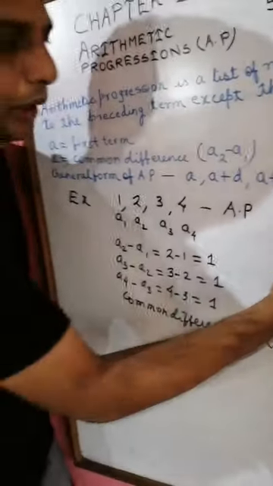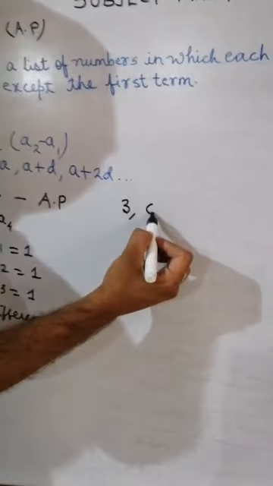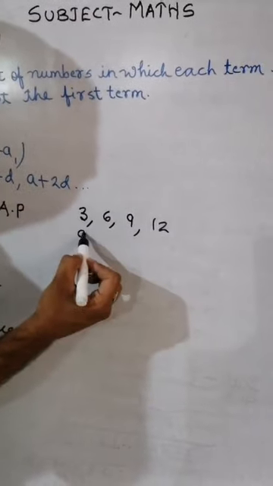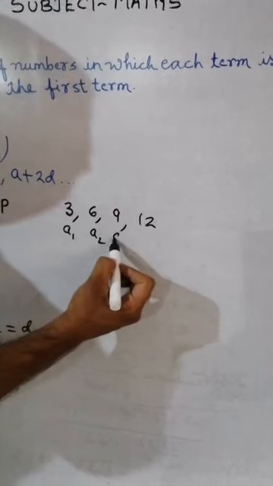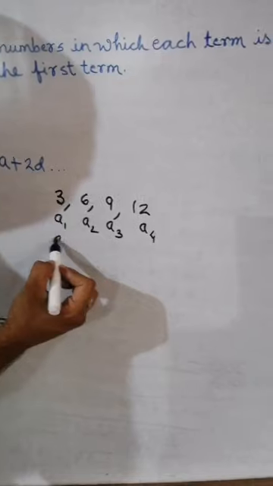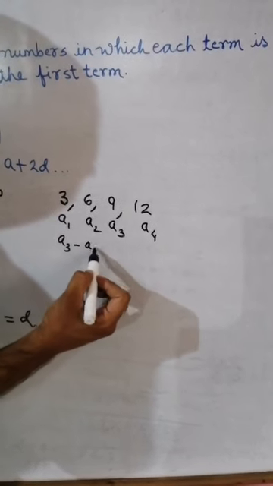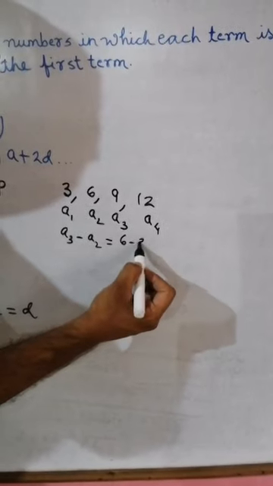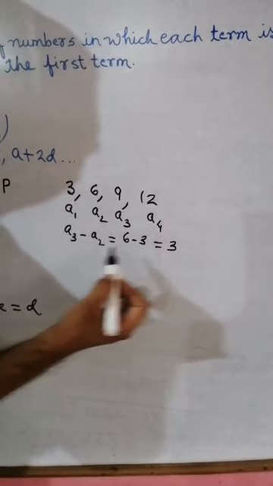Now we'll take one more example. Suppose 3, 6, 9, 12. Again you mark A1, A2, A3, A4. Now subtract A2 minus A1, it will be 6 minus 3, the answer will be 3.